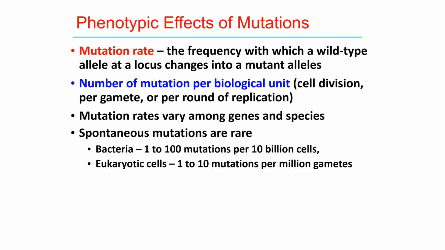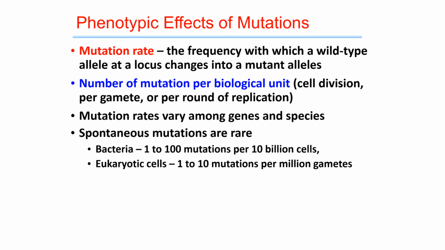Even if you look at the genes in the same organism, let's say in a eukaryote, there are differences. Certain regions of DNA in humans, for example, or in other organisms, mutate with higher frequencies than others, and those we call hotspots for mutations.